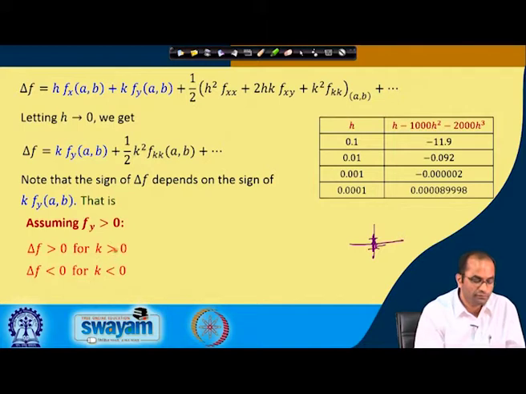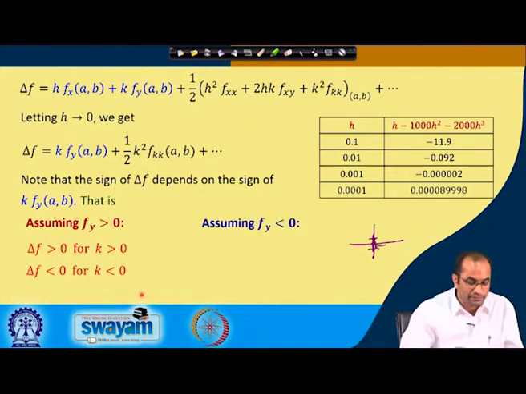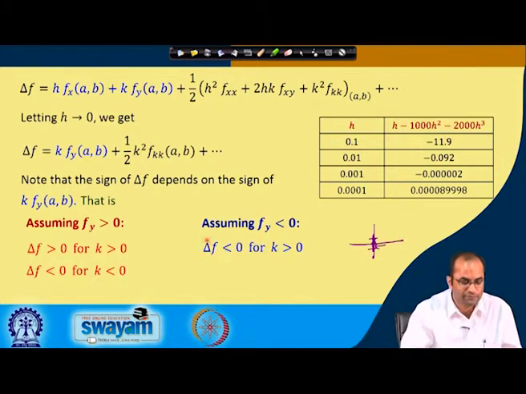So in the neighborhood, there is a point where delta f is greater than 0 and a point where delta f is less than 0. And if f_y at (a, b) is negative, then again we have delta f less than 0 and delta f greater than 0 at points in the neighborhood.